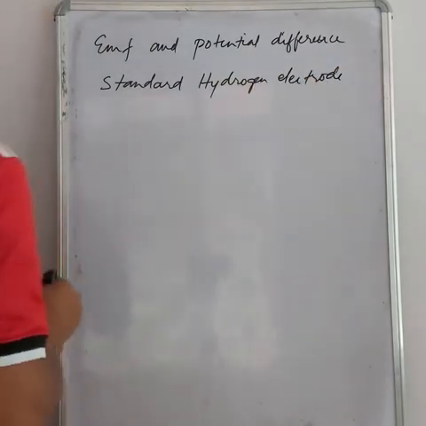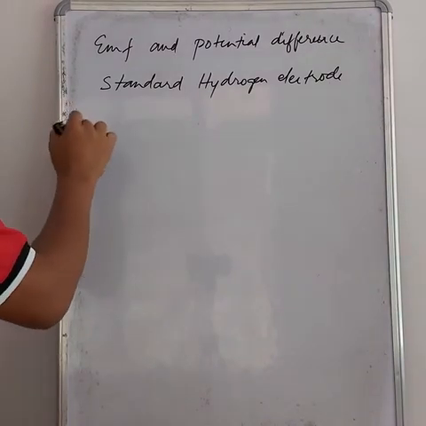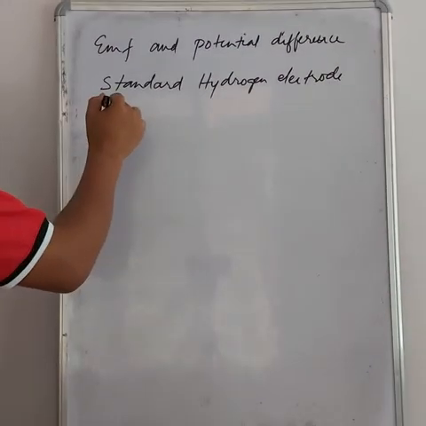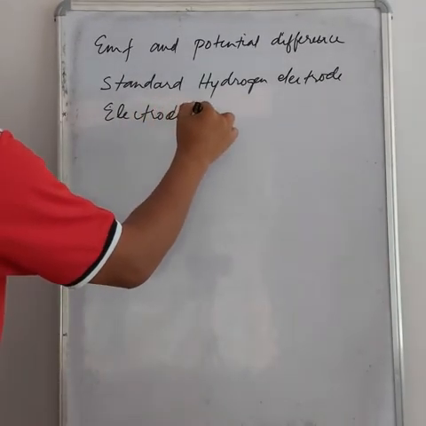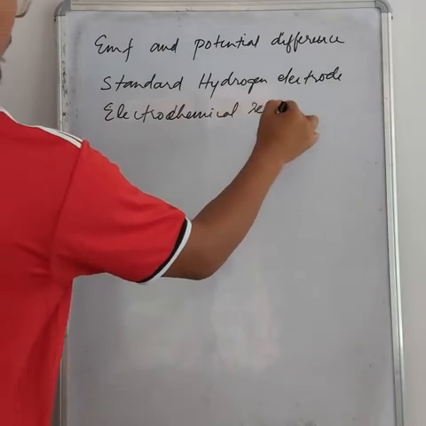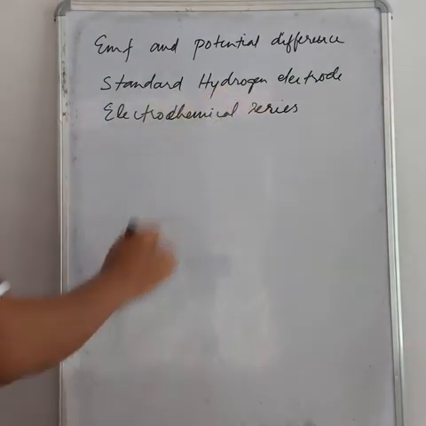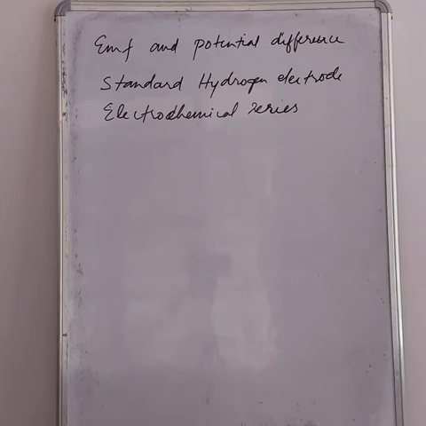And then you also read the electrochemical series. What do you mean by electrochemical series? This electrochemical series is nothing but the arrangement of different atoms with respect to hydrogen electrode, their potential difference in terms of oxidizing power and reduction power. So you try to read those things on your own.